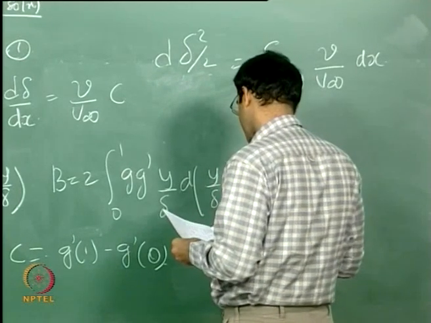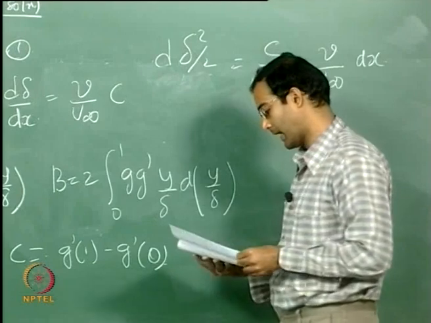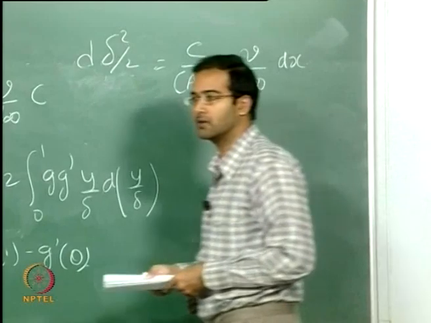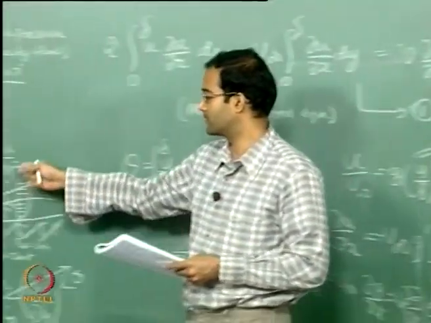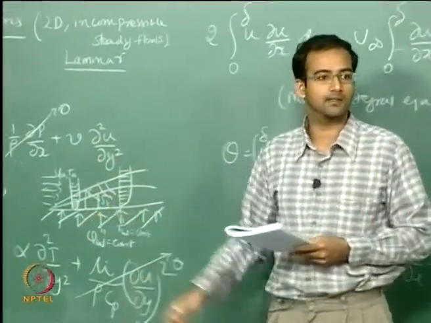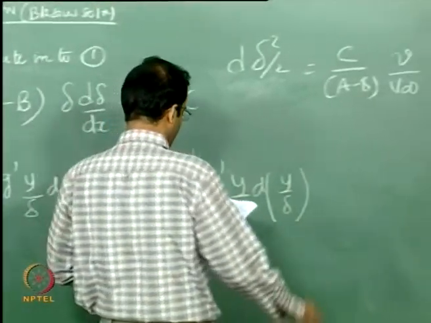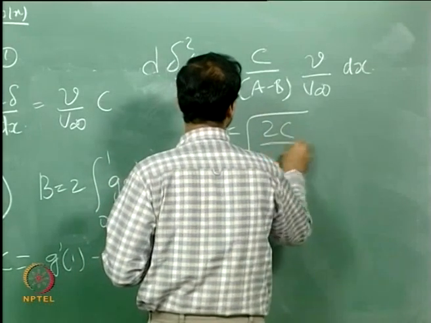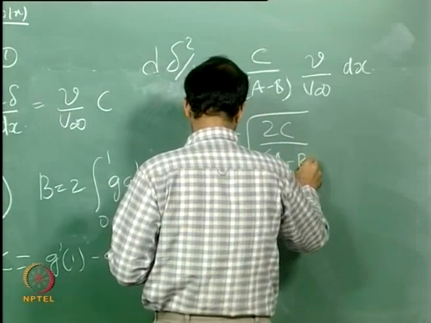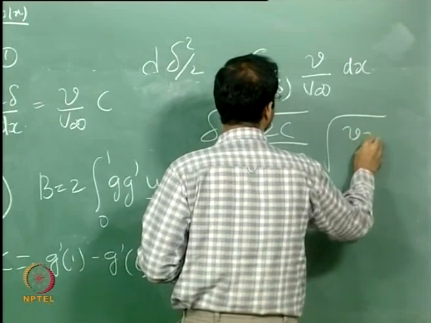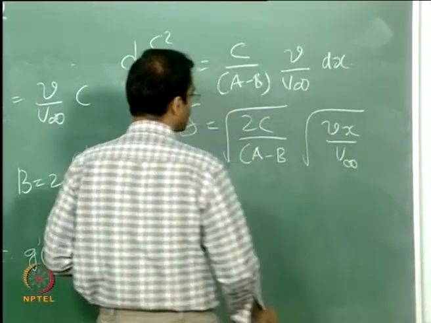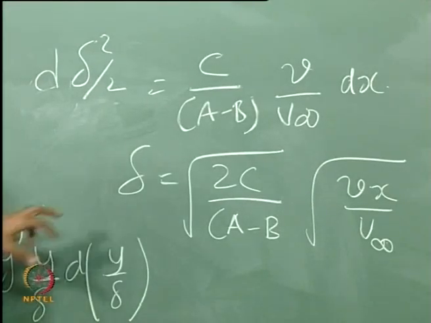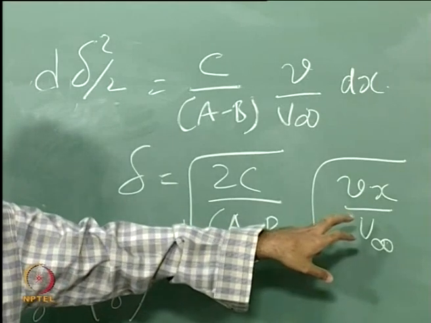Alright, so if I integrate it from x equal to 0 to some position x, I can use a dummy variable here, and integrate from x equal to 0 to the position where you are interested in calculating the boundary layer thickness. This will give my delta equal to 2 times square root of (2c by a minus b) into square root of mu x by u infinity. Therefore you can see clearly that we have arrived at a relationship between delta and x.